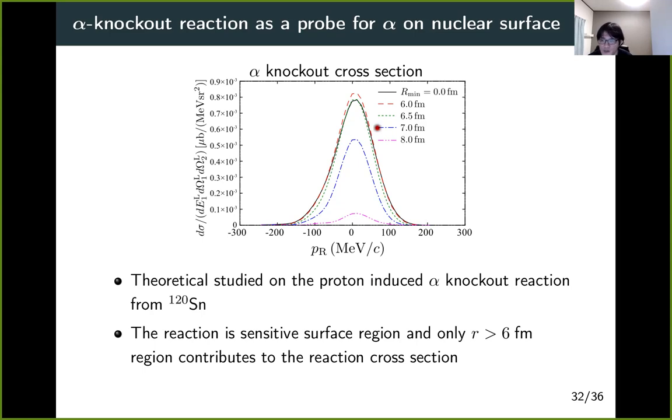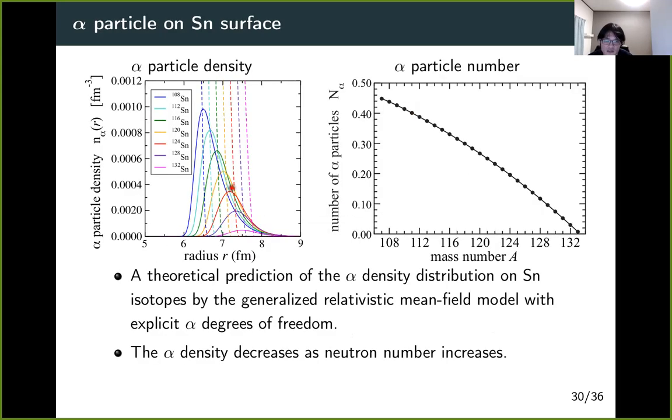If you remember, 6 femtometers was the region here, so it's very nice that the alpha knockout reaction only probes this region, and the internal region doesn't contribute to the cross section. So we can directly see how many alpha particles are there in this region.